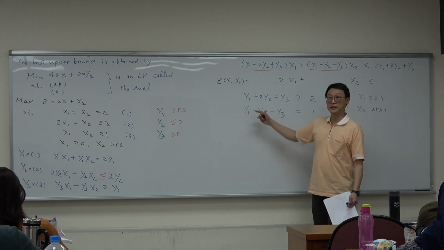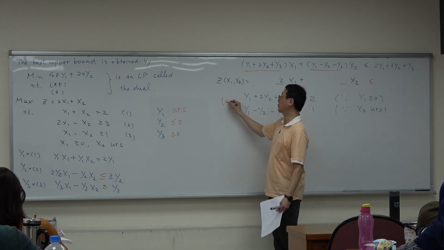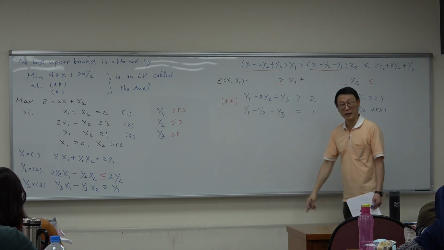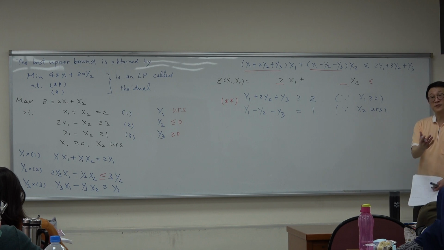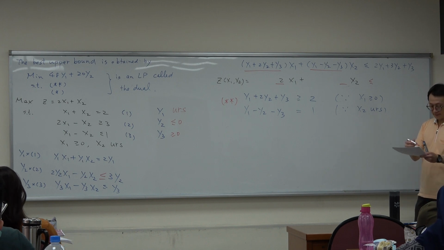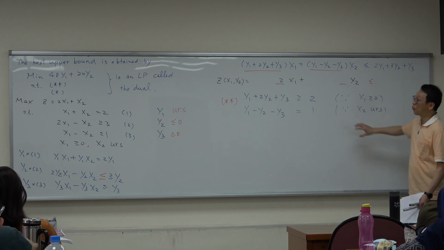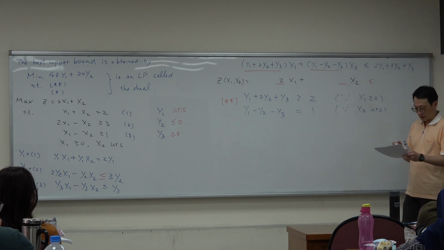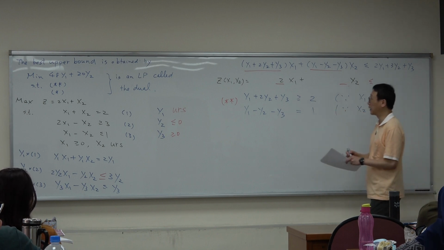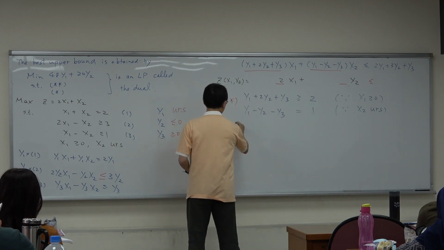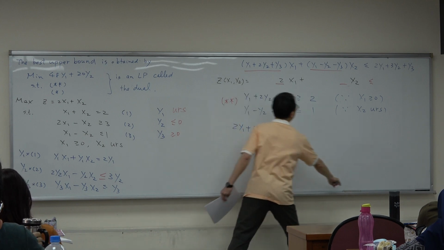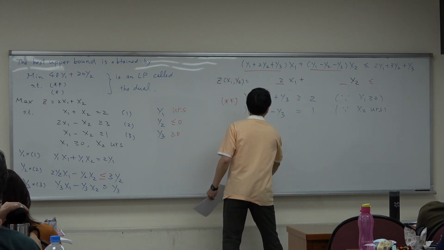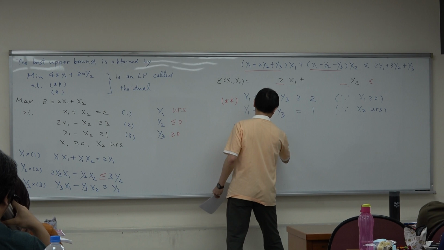So this one is just like what we previously defined, the double star constraint. We need to follow this constraint. Then y1, y2, y3 become a feasible solution. Once this is true, then we can guarantee 2y1 plus 3y2 plus y3.